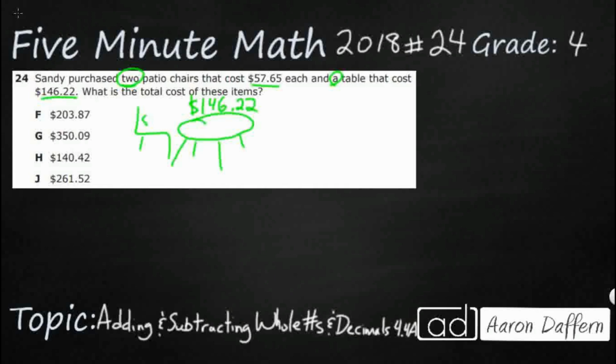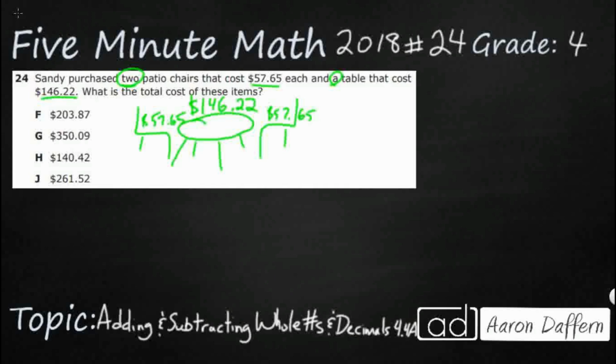So that's going to be $57.65. And then we'll get another chair on this side right here, and that's going to be another $57.65. So that is my outside furniture, I guess, some patio chairs and a table there.